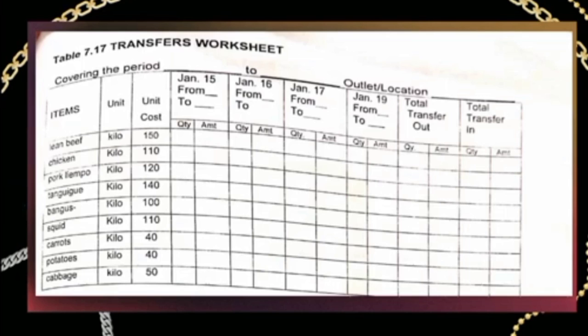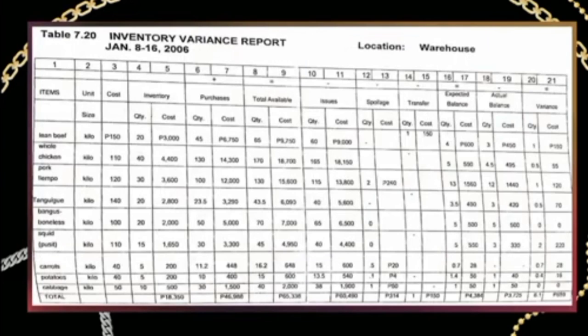The columns on issues, columns 10 and 11, shall be replaced by sold and consumed, representing the items that were sold and dispatched from the bar. This should be supported by other slips or transaction records when submitted to the inventory clerk for reconciliation.